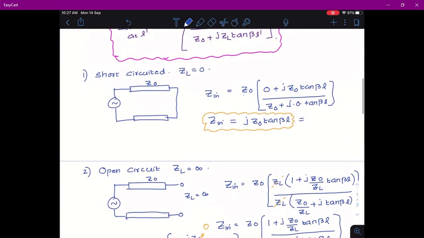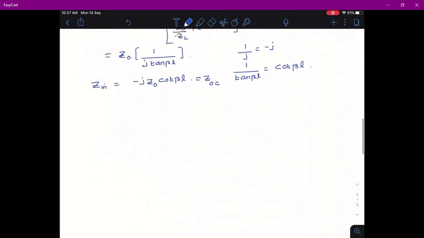I can also represent for short circuited line as ZSC, which is short circuited line.